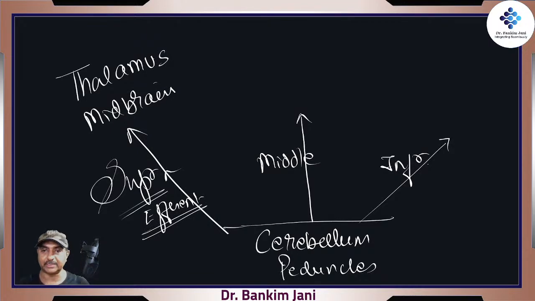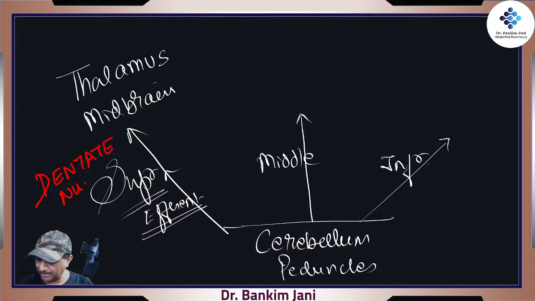In this, you must remember one nucleus. Just keep it in mind. It is called the dentate nucleus, but as such, we'll be discussing all the nuclei. So this is the dentate nucleus, which is involved in this efferent part.